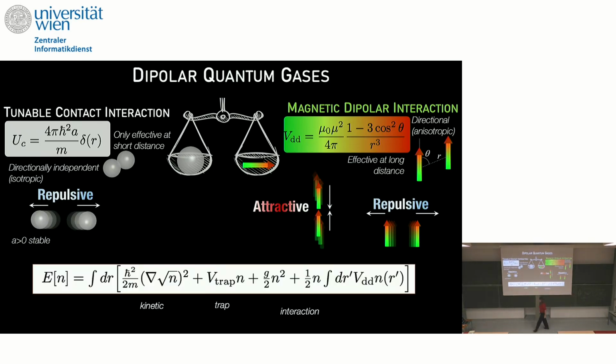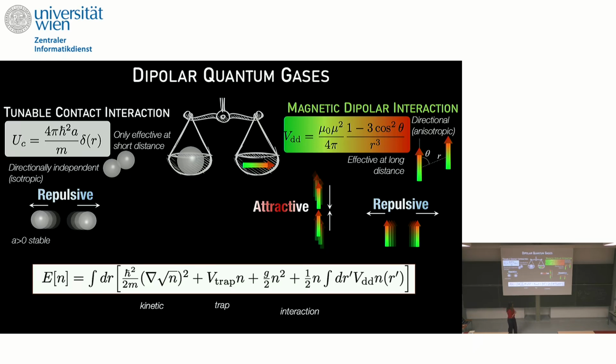The type of energy functional that you have is the one that we discussed many times. In general, we use the Gross-Pitaevskii equation in which you have the kinetic energy. The trap, I told you, plays a very important role. Then you have the contact interaction in the mean field approximation, and you have the dipole-dipole interaction in the mean field approximation. That's the typical thing we use to describe.